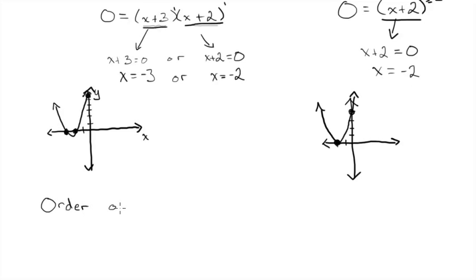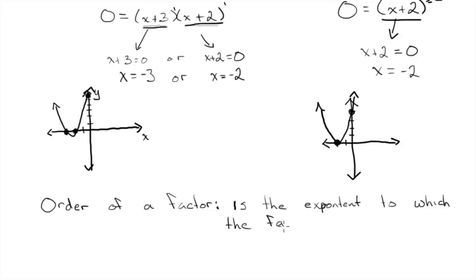So the order of a factor is just the exponent to which the factor is raised. So basically, how many times does that factor occur when it's in factored form?